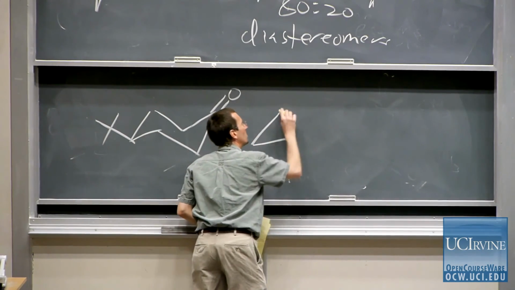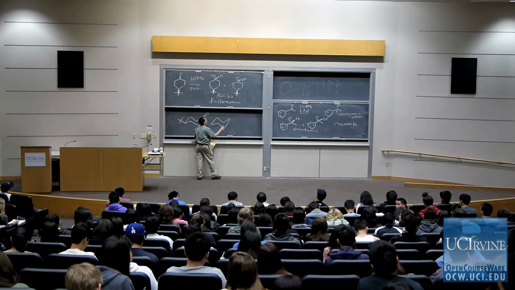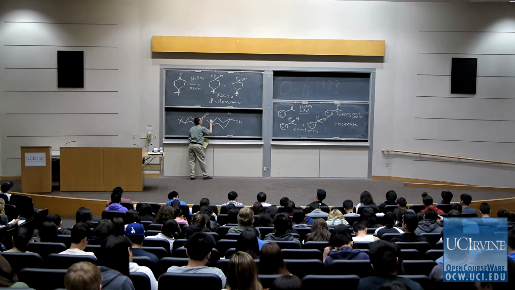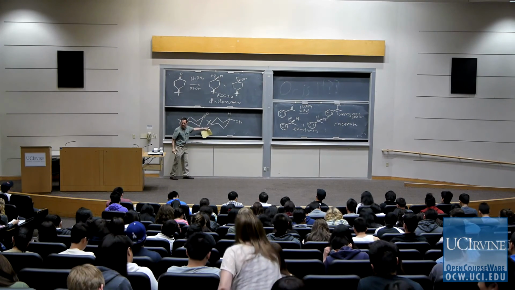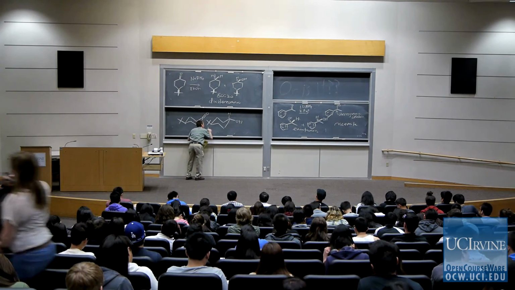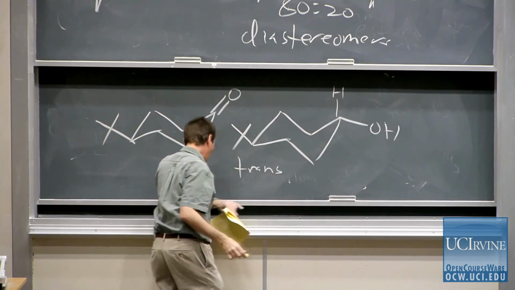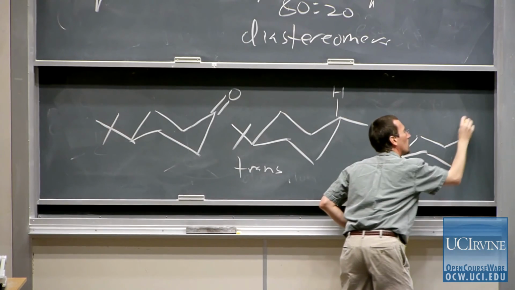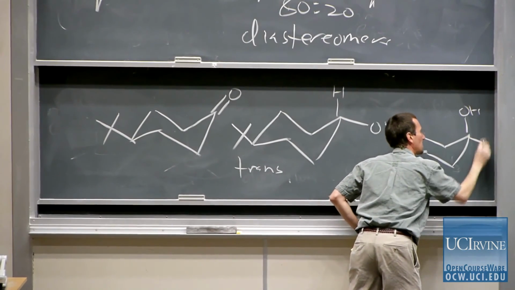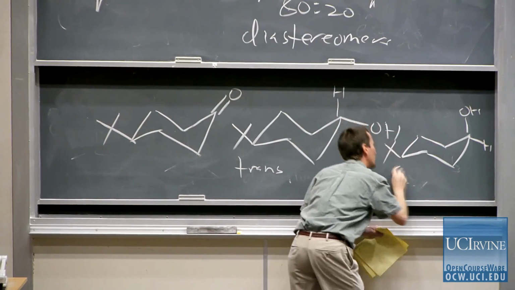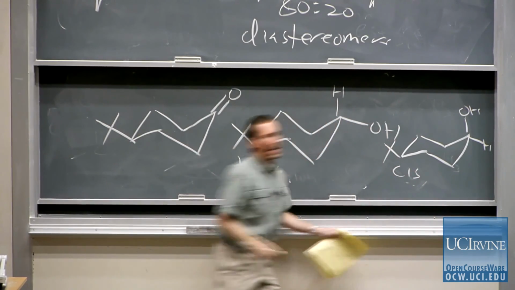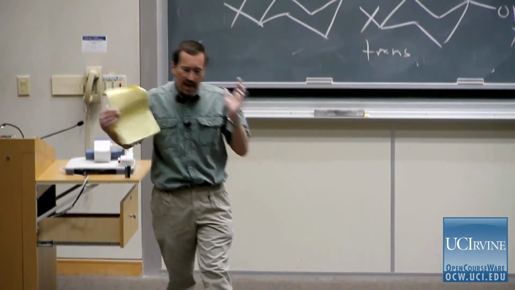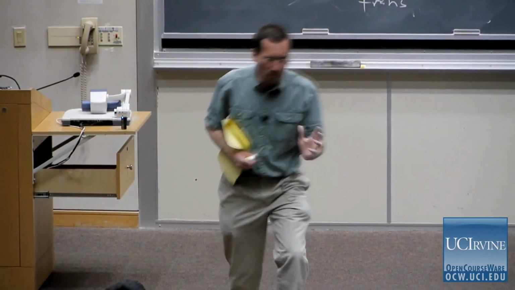If hydride comes in from the top, we end up with this diastereomer, the trans diastereomer. And if hydride comes in from the bottom, now we end up with the axial OH. We end up with the cis diastereomer, the minor diastereomer. And the last thing I'll point out is organic chemists are control freaks.